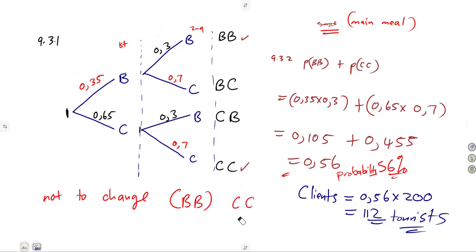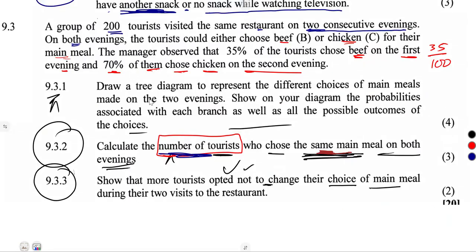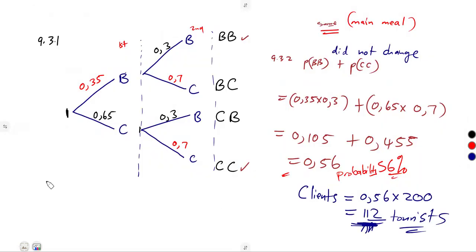So they're saying, can you show that these 112 tourists that we calculated are the ones that did not change their main meal. How can we show that truly they are more? We compare them with the total of 200. How many changed out of 200?